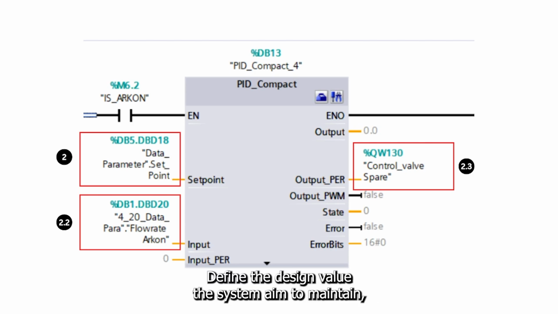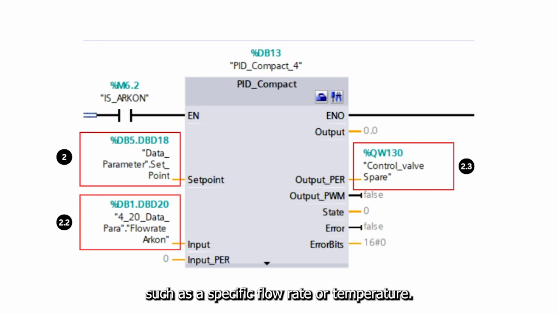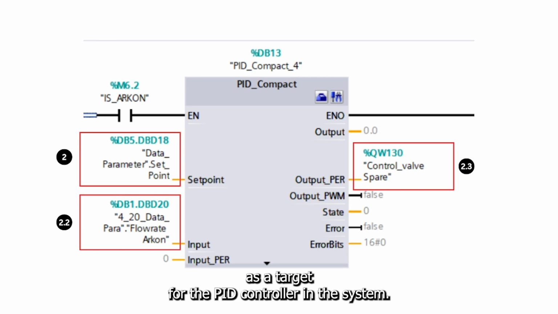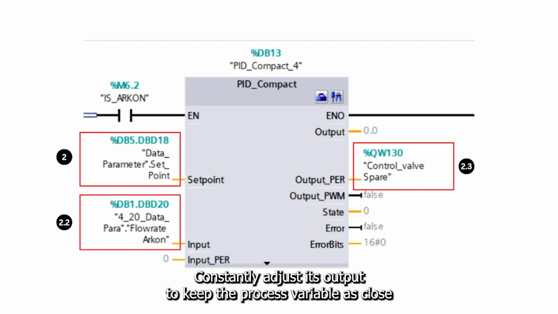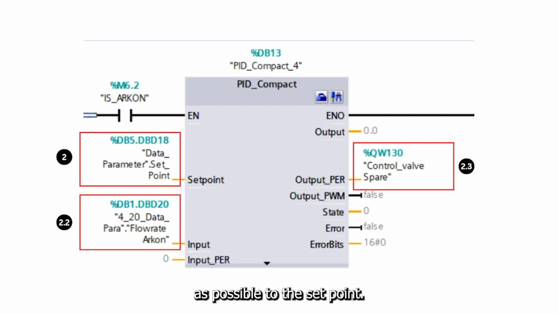The set point defines the desired value the system aims to maintain, such as a specific flow rate or temperature. It is a critical input to the controller. So the set point acts as a target for the PID controller. The system constantly adjusts its output to keep the process variable as close as possible to the set point.